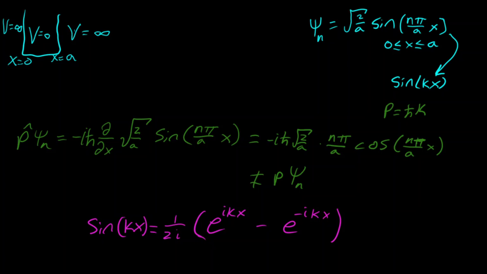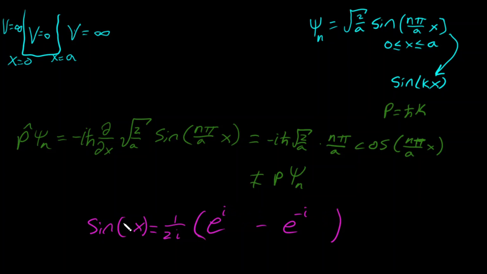If you rewrite this a little bit with our k value for this quantum problem, we can rewrite k as n pi over a.